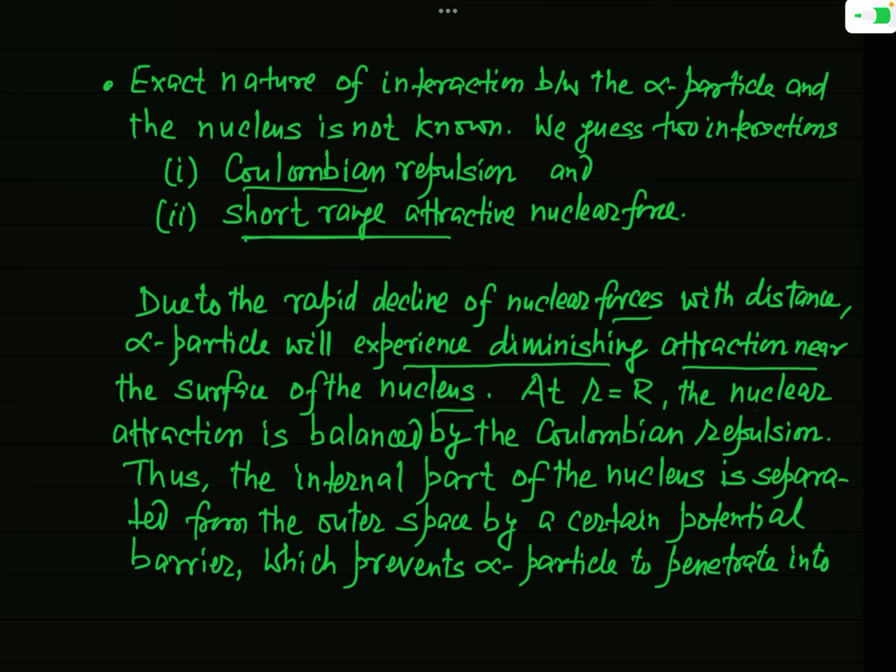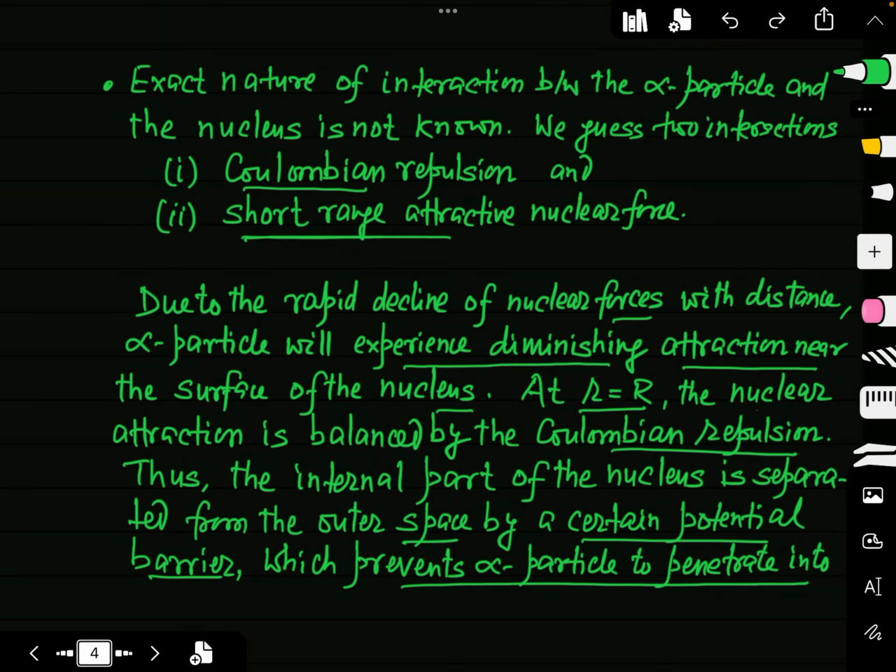So I have mentioned here that at r equal to R, the nuclear attraction is balanced by the Coulombian repulsion. So you can say that the internal part of the nucleus is separated from the outer space by a certain potential barrier which prevents the alpha particle from penetrating into it.